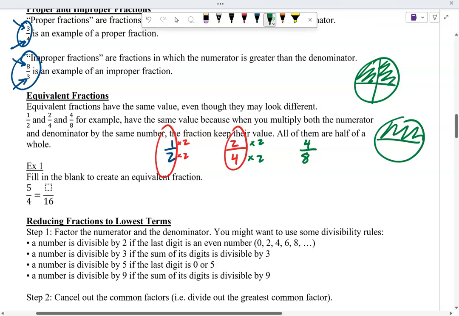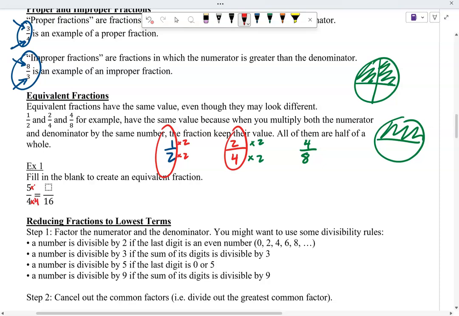Let's fill in the blank to create an equivalent fraction here. On the bottom, this is an improper fraction: 5/4. And we're trying to create a fraction with 16 as our denominator. So you think to yourself, 4 times what is 16? Hopefully you know that 4 times 4 is 16.